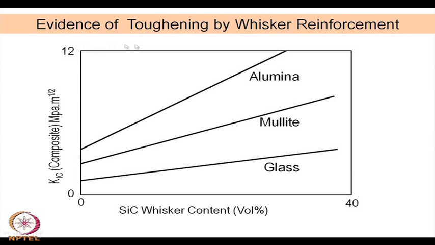Well, this is the actual evidence of some toughening, what we have discussed, the basic principles we have discussed, and these are some of the basic schematic diagrams of some actual materials.